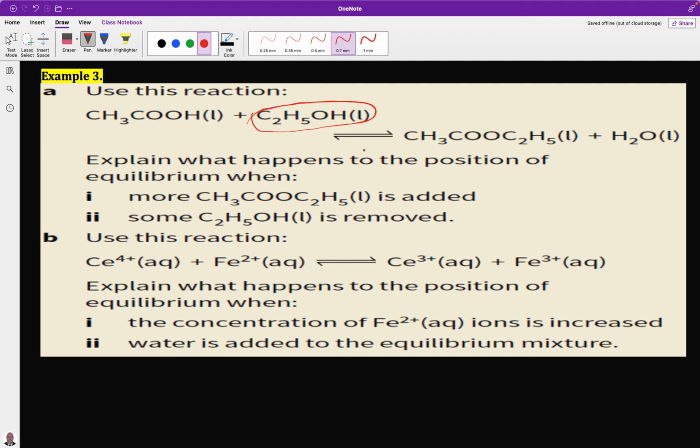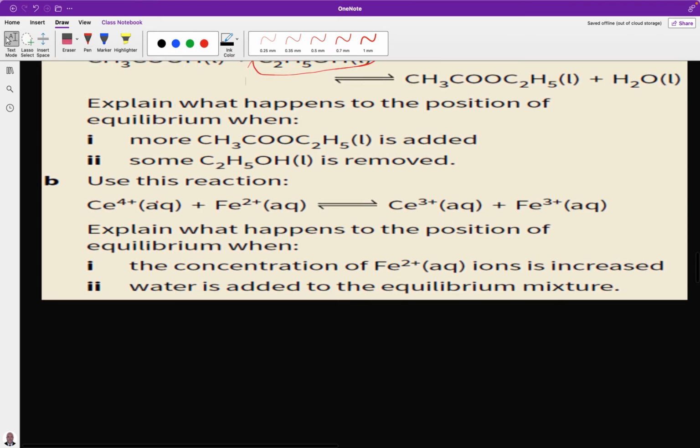So for the equilibrium to be established, more of the ethyl ethanoate will decompose to produce more of the acid and ethanol. Therefore, the equilibrium will shift from right to left to favor the production of ethanol that has been removed.